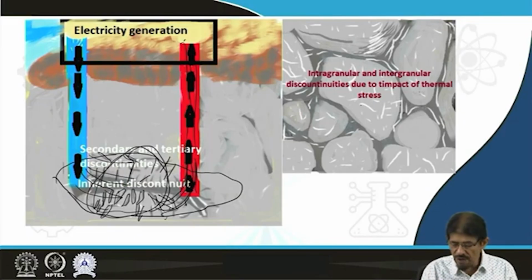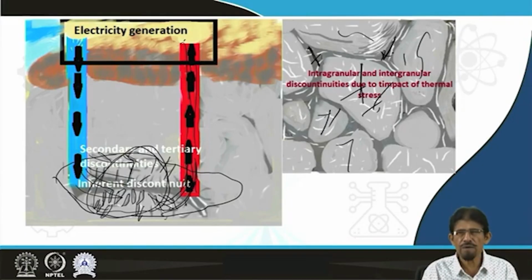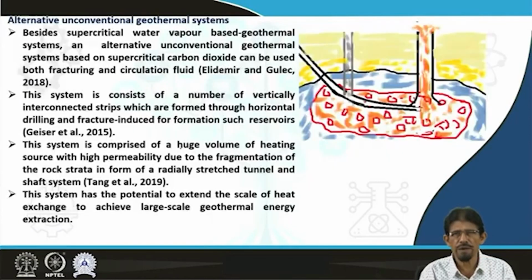The fracture is of two types, intragranular as well as intergranular. The injected water is sufficient to develop cracks in the matrix and within the grains. In this way, the injection of water is going to help in enhancing the permeability of the reservoir that is required for extraction of hot water or geothermal energy.